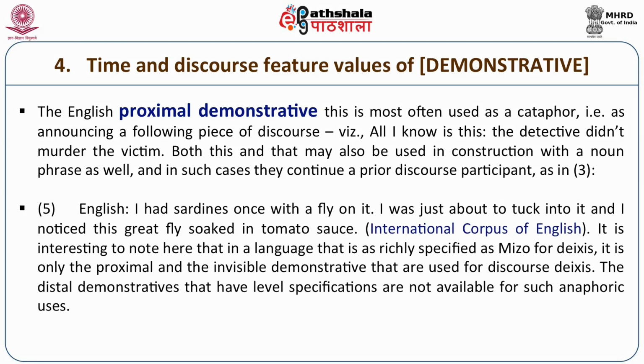In a language like Mizo, which is richly specified for deixis, it is only the proximal and invisible demonstratives that are used for discourse deixis. The distal demonstratives that have level specifications are not available for such anaphoric uses.